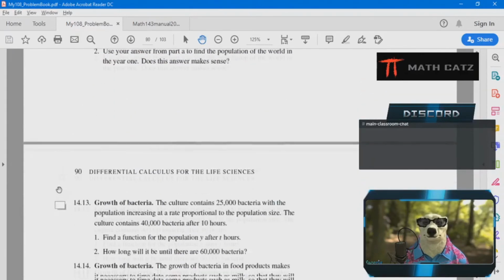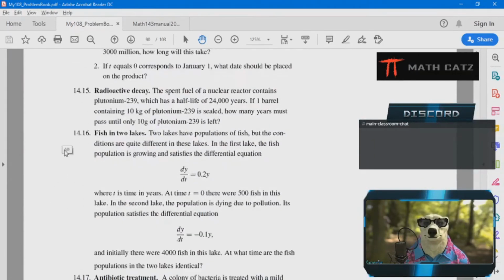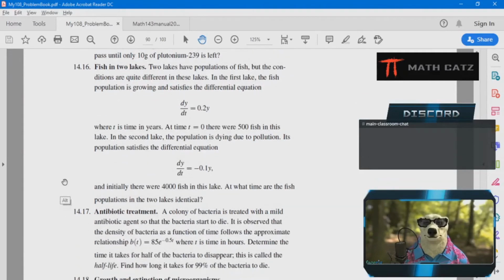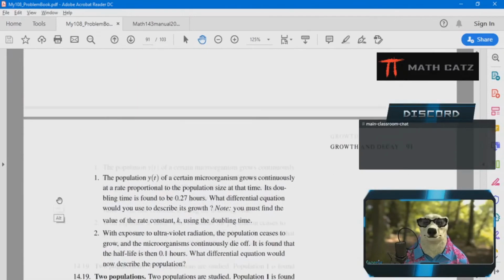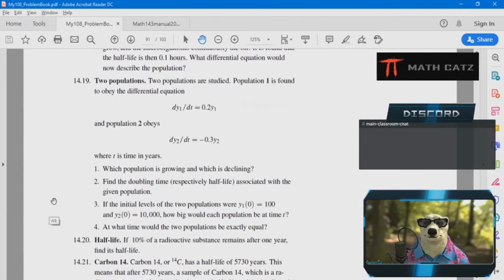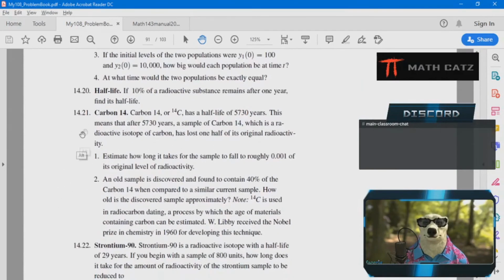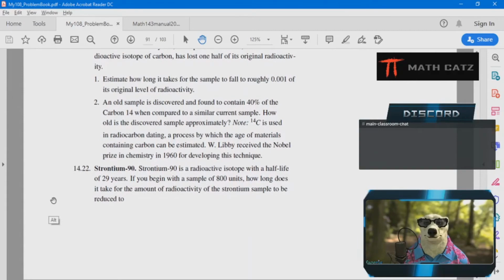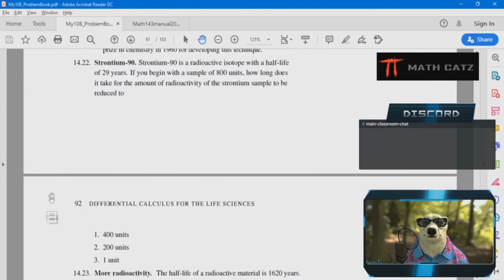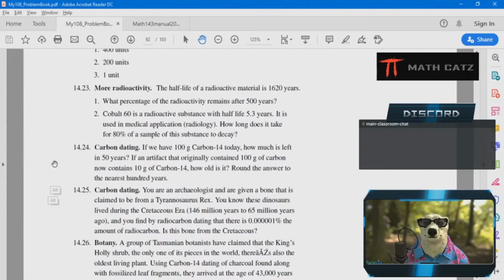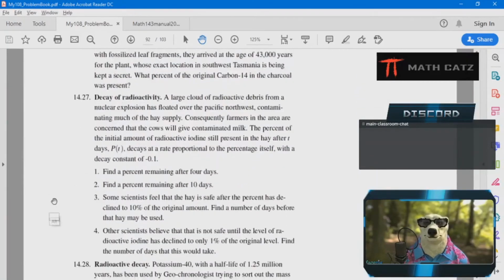And then we have eventually our radioactive decay questions. Sometimes half-life, sometimes radioactive substance. Carbon dating is a classic example where I use this kind of exponential decay, and so on.